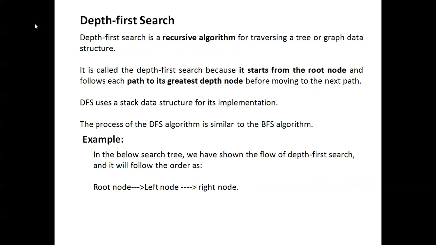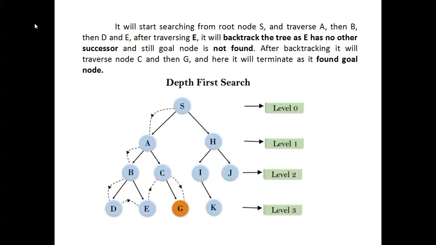Next, the depth first search algorithm. To overcome the drawback of breadth first search, we use depth first search. See the example. It starts from the initial root node, then goes to the left side. Once the left side is completed, only then will it move to the right side. That is depth first search.